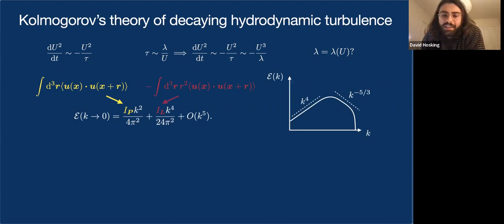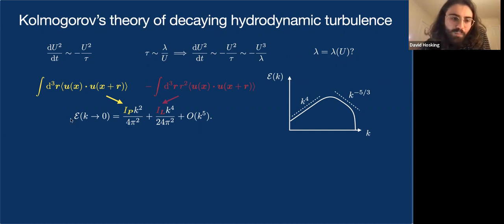So the answer to this question of how to find lambda as a function of U turns out to be related to certain properties of the large scale structure of the turbulence, the large scale spectral power law.